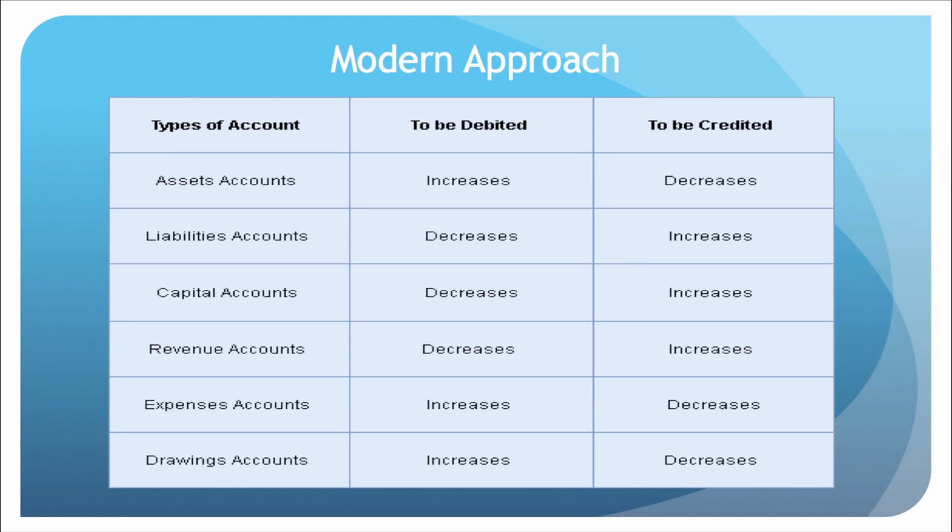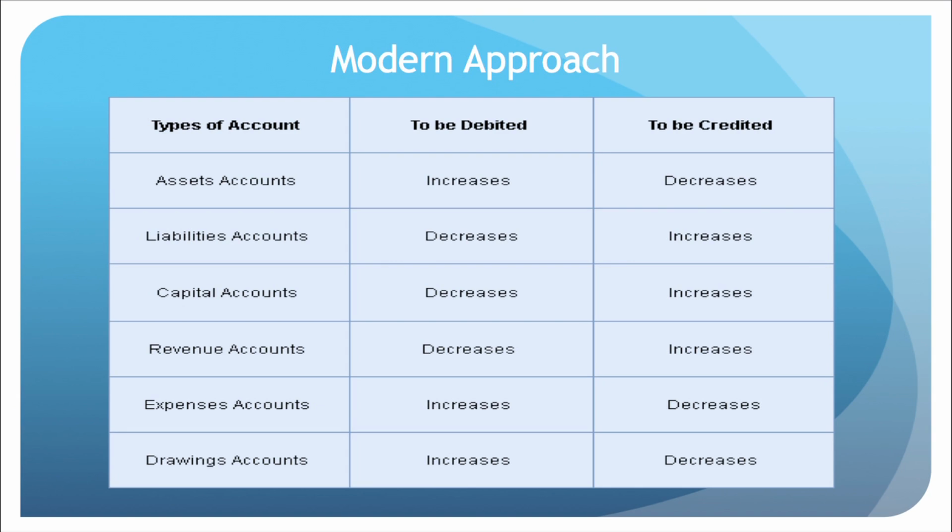Alternatively, if we take a loan again, then there is an increase in liability, so it will be credited. Capital account, the amount invested in the business, generally known as capital. So it will be debited if there is a decrease and it will be credited if there is an increase, if we again invest money in the business in the form of capital.